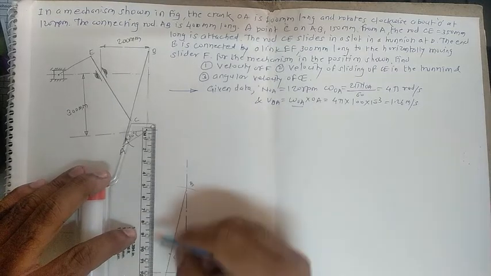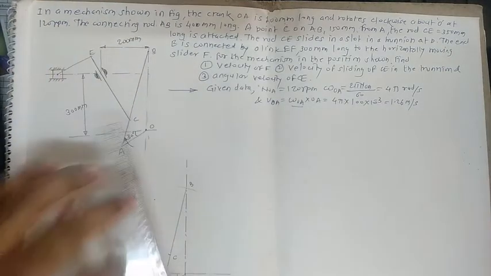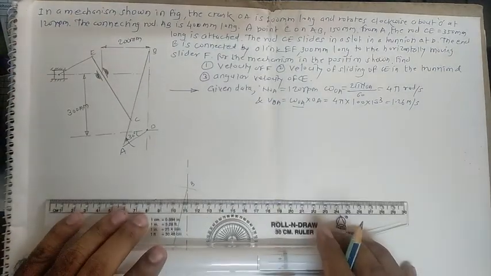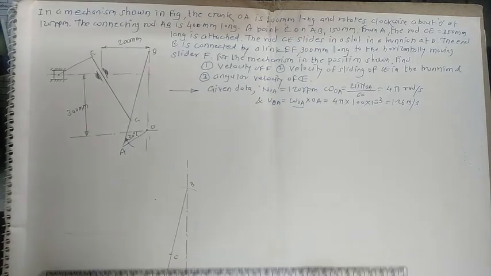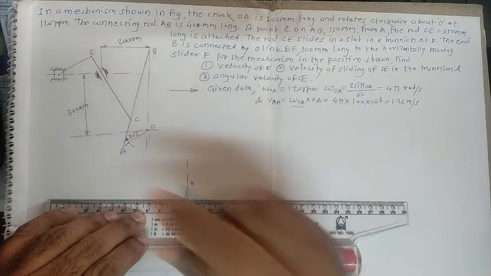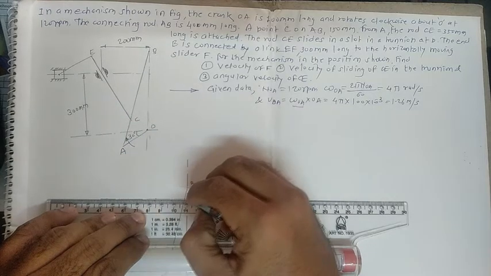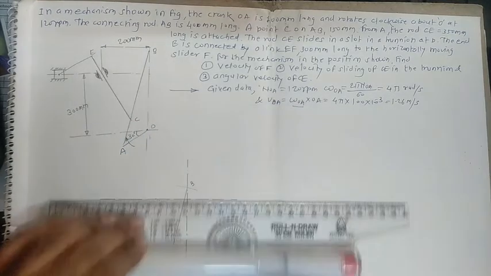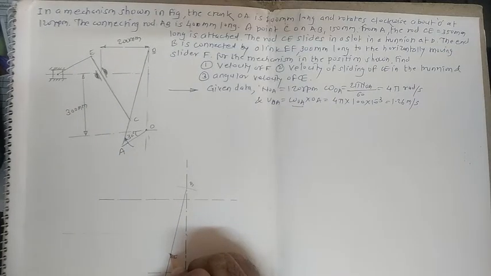So mark one point at a distance of this one. Draw one parallel line here. Parallel line means parallel to the bottom line, whatever the line drawn by us earlier, and this line must be parallel with each other. So in this way, draw the line here. Once we draw this line, we know the location for this one.